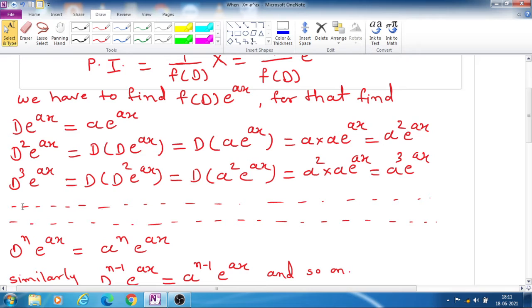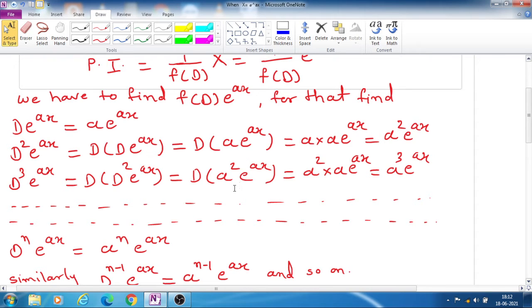Again, the next term D cube of e raised to ax means we operate D on D square of e raised to ax. Now the value of D square we found here is a square e raised to ax. So we put here a square e raised to ax, and now we find D of a square e raised to ax.